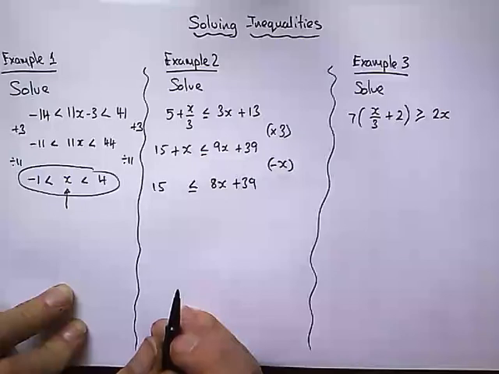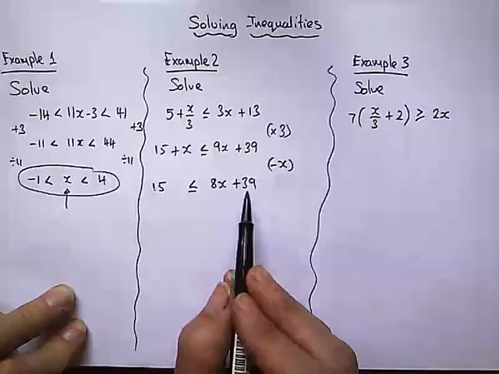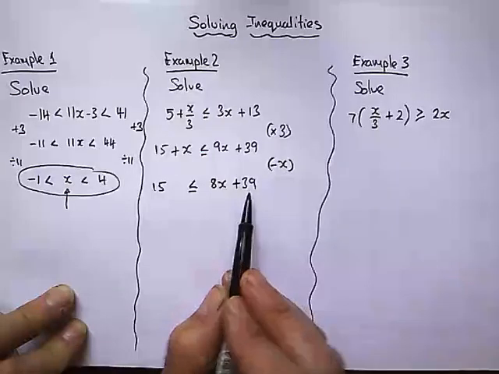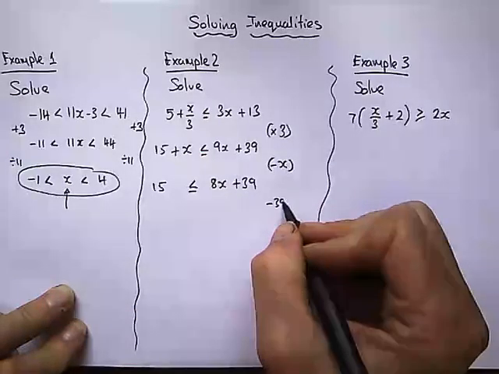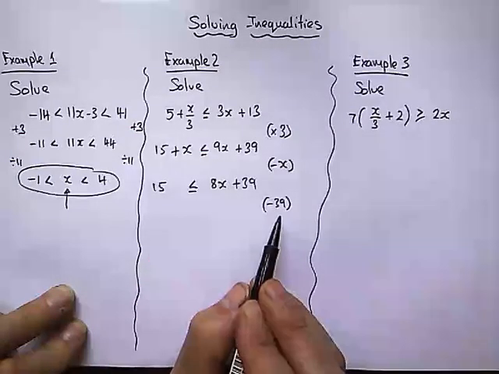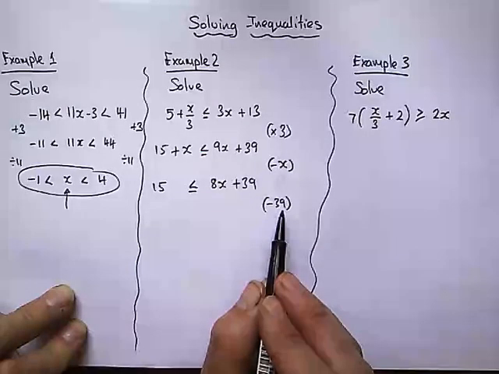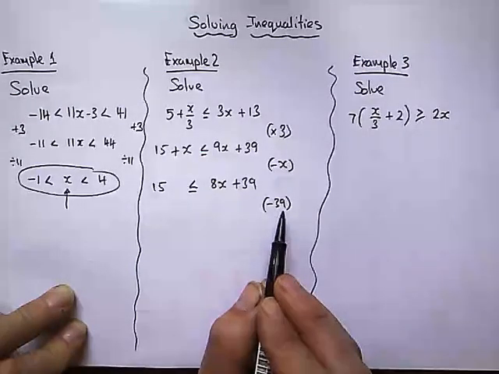We're almost there. So now we need the numbers all onto one side. So I'm going to have to subtract 39 from both sides. Okay, so 15 take away 39. Well, if I take away 15, I get to 0. But then if I've taken off 15, I've still got another 24 to take off.